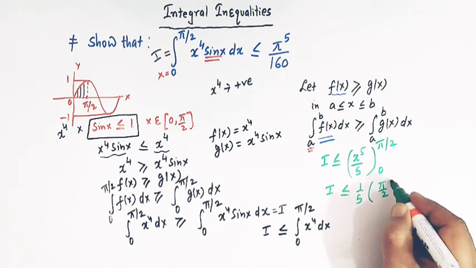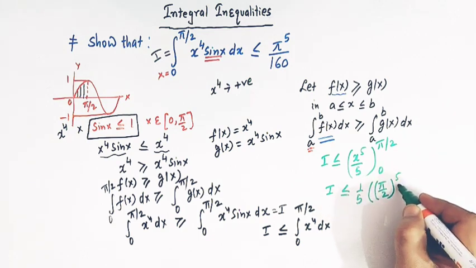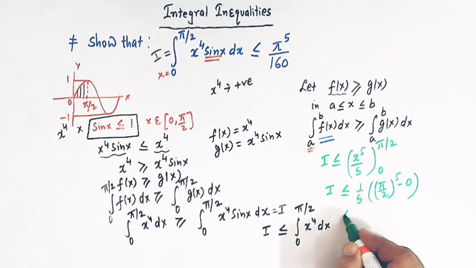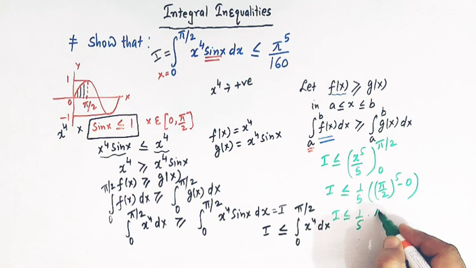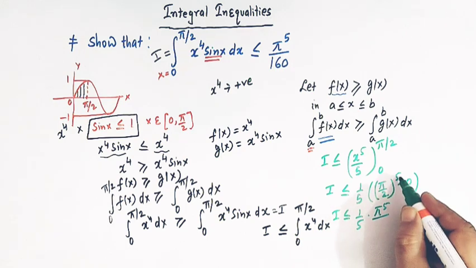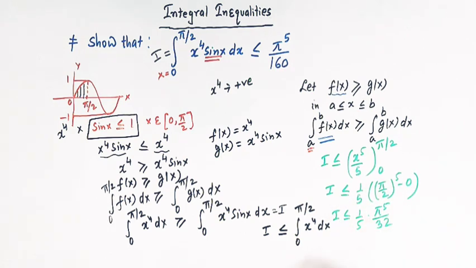So we have pi by 2 raised to 5 minus 0. So we have now 1 over 5 times pi raised to 5, and here 2 raised to 5 is 32. So we have now 5 times 32 is 160. So we have pi raised to 5 divided by 160, right?